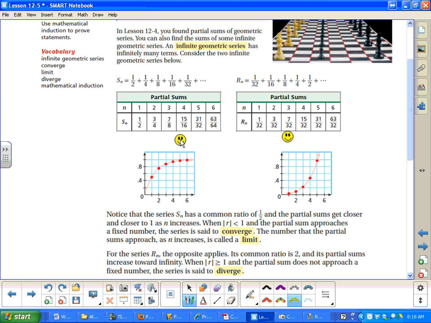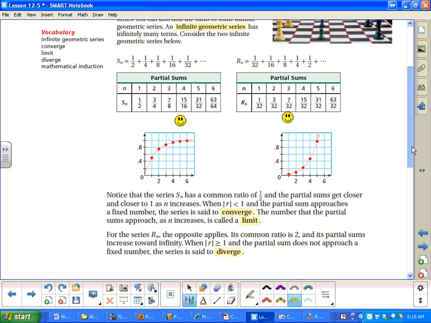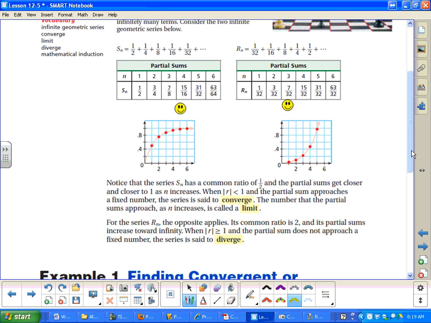Where the graph on the right keeps growing at an increasing rate. So we have specific names for those things. The one on the left happens when the absolute value of r is less than 1. So if our constant ratio is less than 1, it'll do what we call converging.